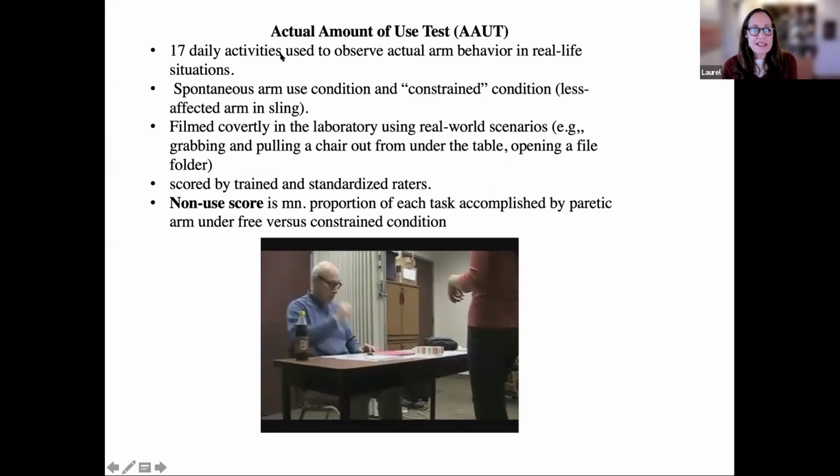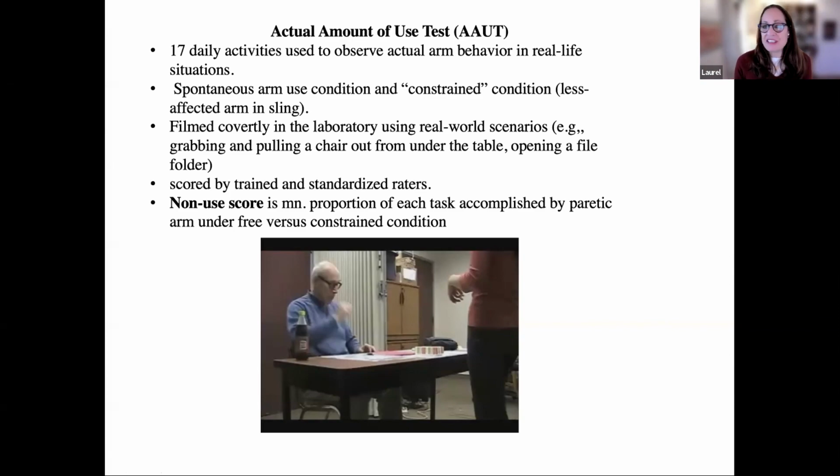In this task, patients perform 17 naturalistic daily activities. They perform these tasks in both a spontaneous condition and a constrained condition in which their less affected arm is placed in a sling. That's what's done in constraint-induced therapy as well. It's filmed covertly. This is actually the first time I've ever done a covert study of this sort, where, unbeknownst to the patients, they were being filmed, and don't worry, we had IRB approval for this.